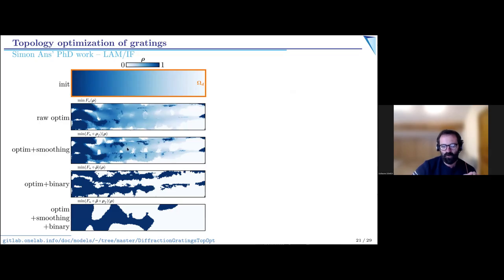If we smooth it, we obtain, let's say, round shapes. If we only binarize it, we obtain very, very small details. And if we smooth it and binarize it, we obtain this readable shape where dark blue is glass and very light blue, whitish is air.